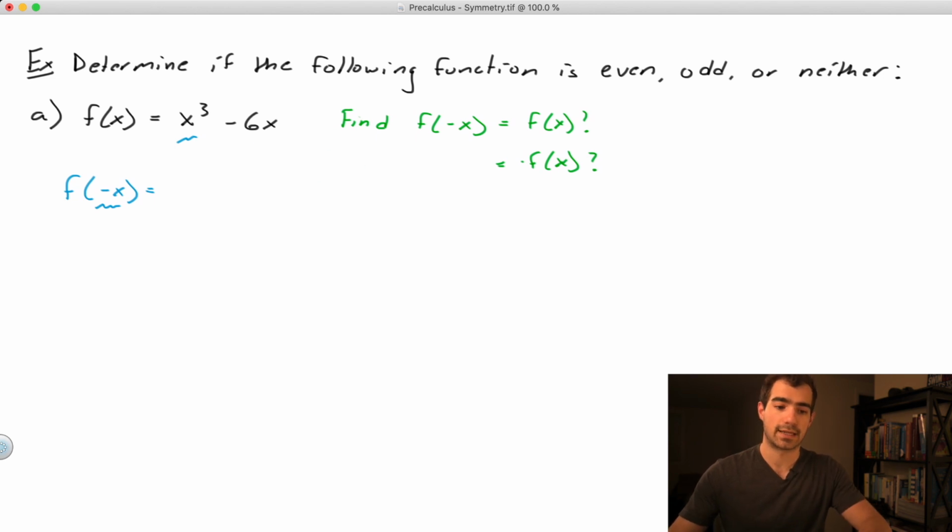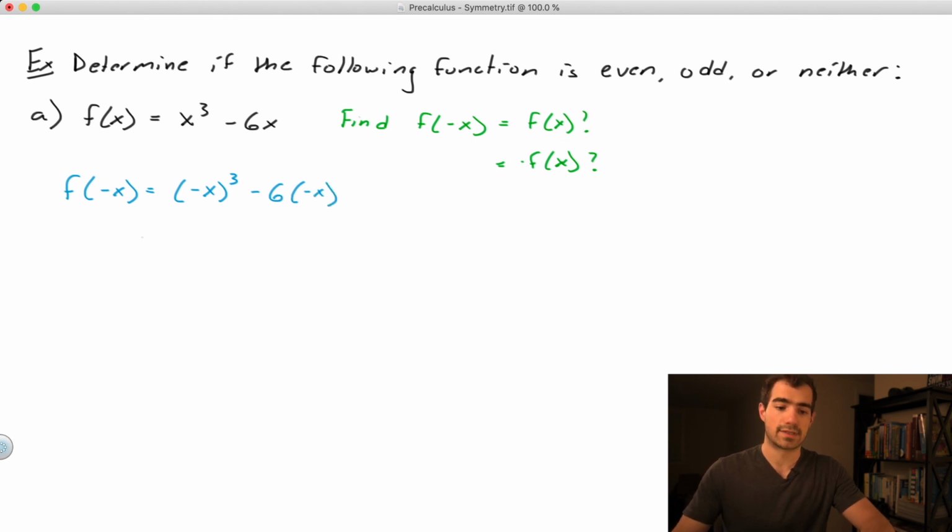And so we'll be careful with our parentheses, and take negative x and plug it in for x cubed in this case. And so we have negative x, the quantity, cubed, minus 6 times negative x.